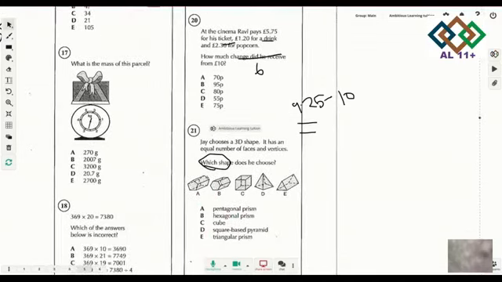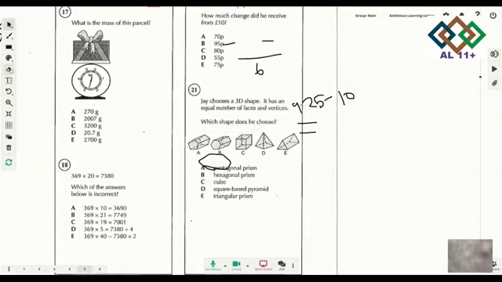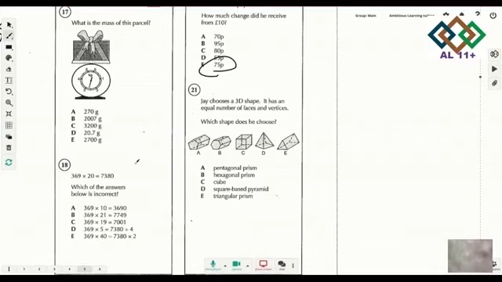Let's move on to 21 now. Number 21, they are just asking you, Jay chooses a 3D shape. It has an equal number of faces and vertices. What shape does he choose?